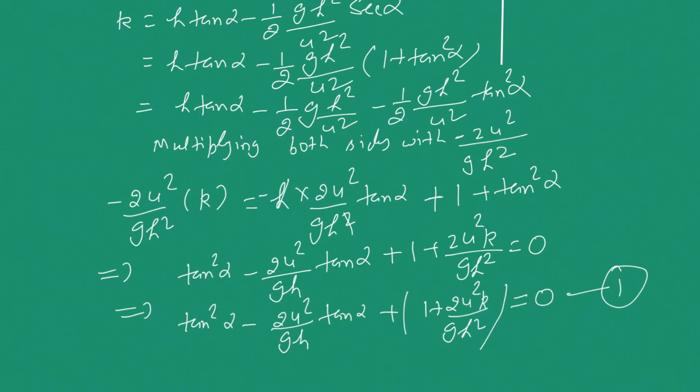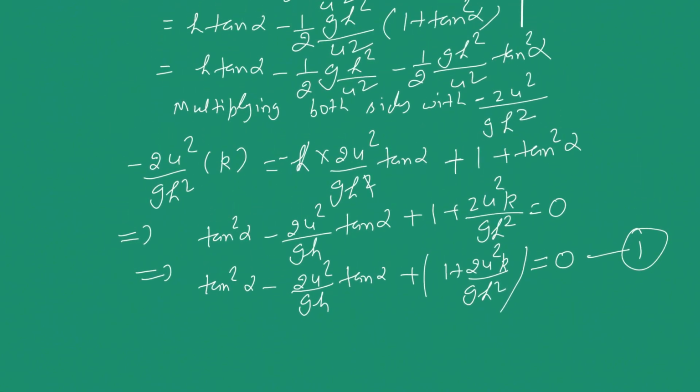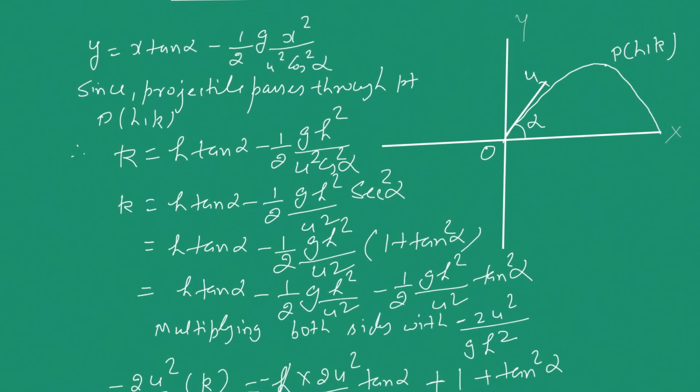Now see, this is quadratic in tan alpha. If it is quadratic in tan alpha, then it will have two values of tan alpha, and in turn two values of alpha. Therefore we can have two directions of projection for a projectile to hit this particular point.